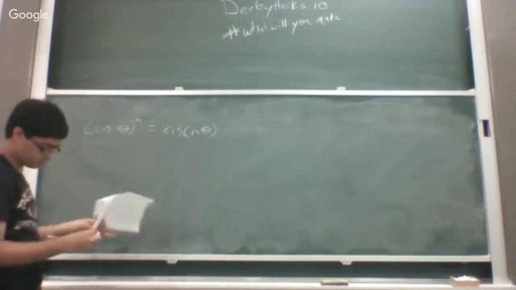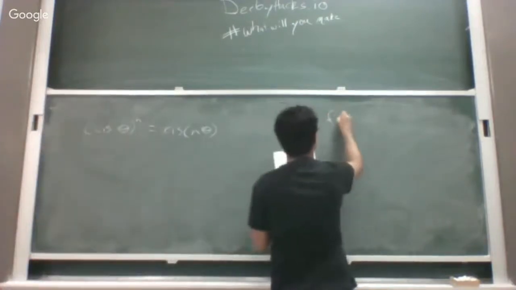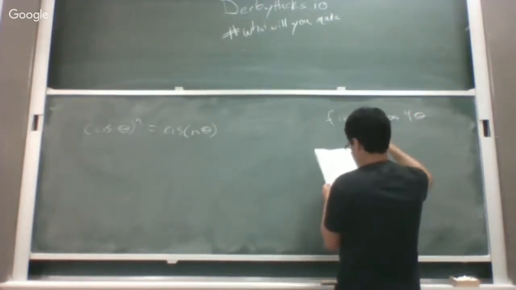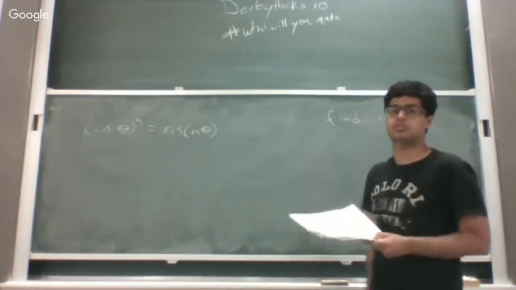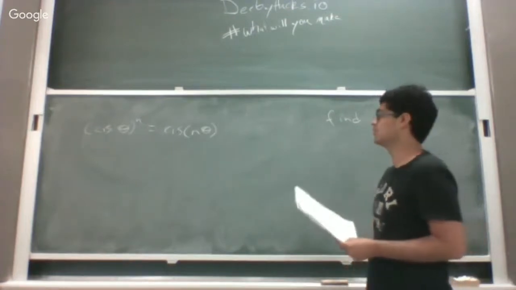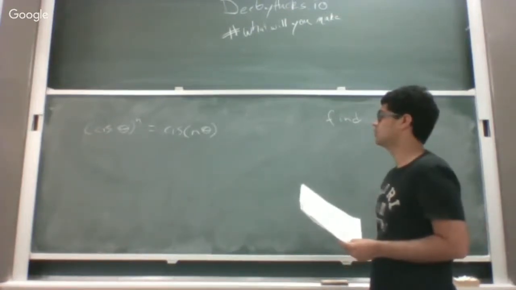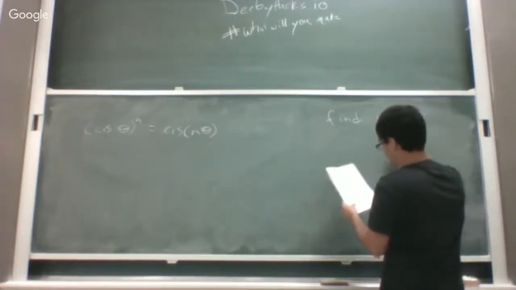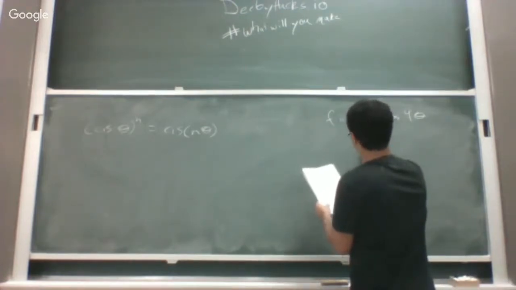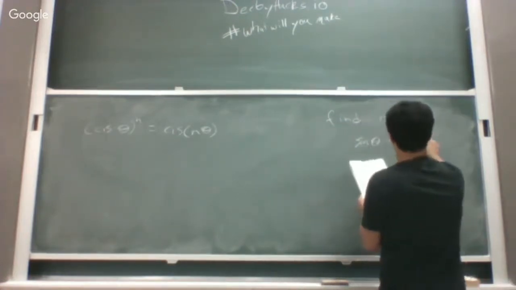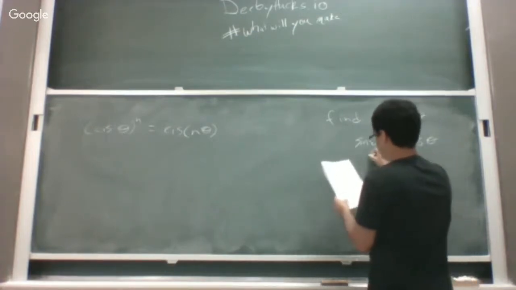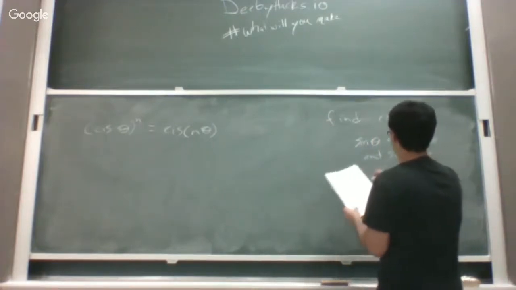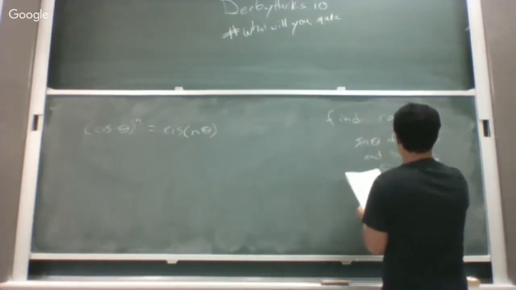We have to find cosine of 4 theta. It's confusing when they just write this. Okay, let me write down the problem first. We have to find cosine of 4 theta in terms of sine of theta and cosine of theta, and sine of 4 theta with sine of theta and cosine of theta.